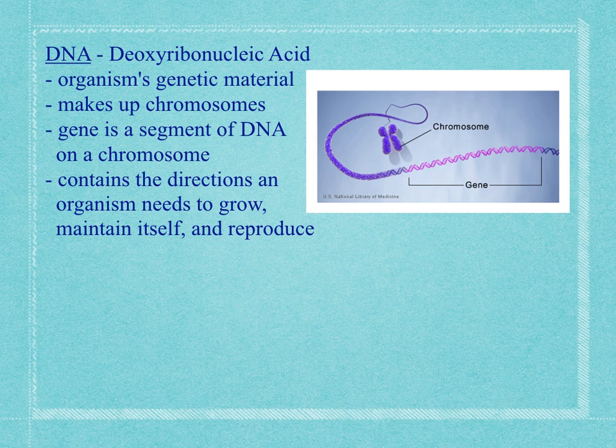And we mentioned also last chapter that a gene is a segment of DNA on a chromosome. And you can see that right here if you look at the picture. DNA also contains the directions an organism needs to grow, to maintain itself, and to reproduce. So all of that stuff is contained on the DNA.